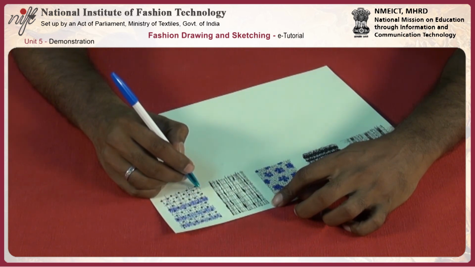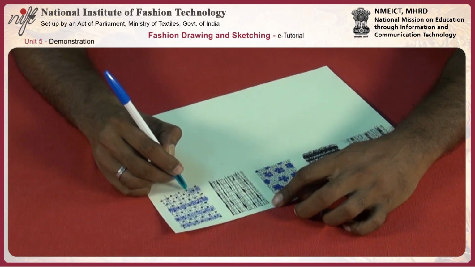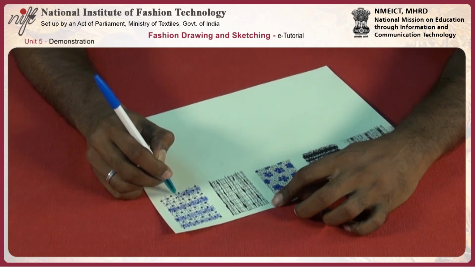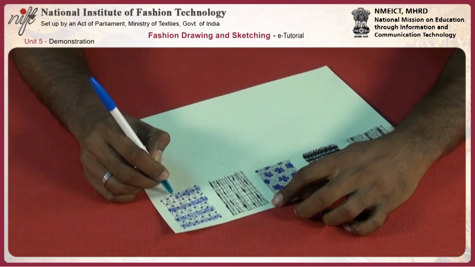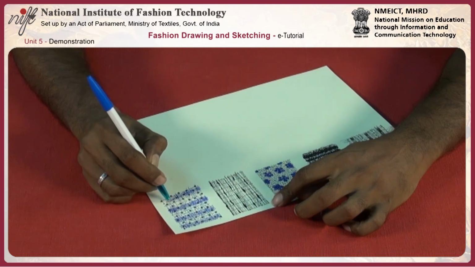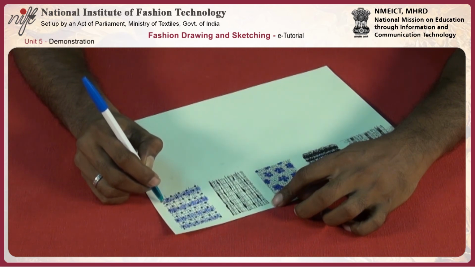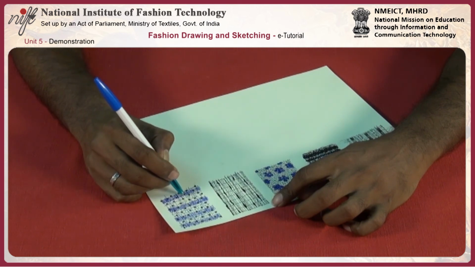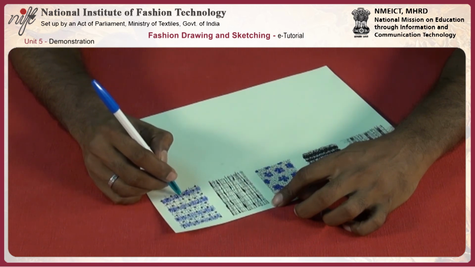The strokes must be of similar length. The closeness of the strokes also decides on the kind of lightness or darkness the fashion illustrator requires.